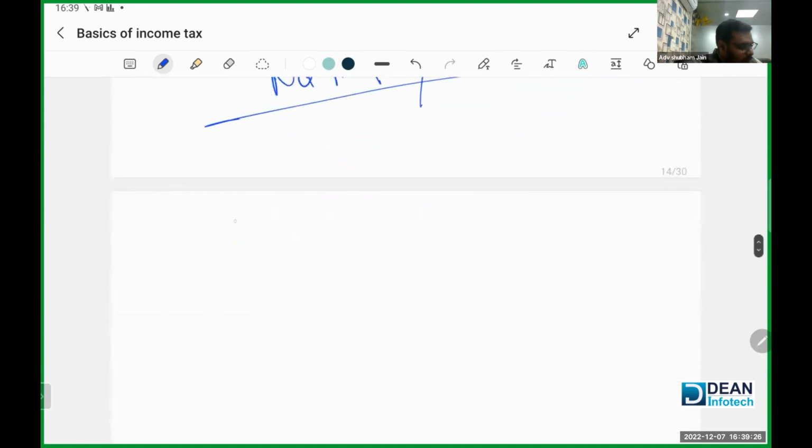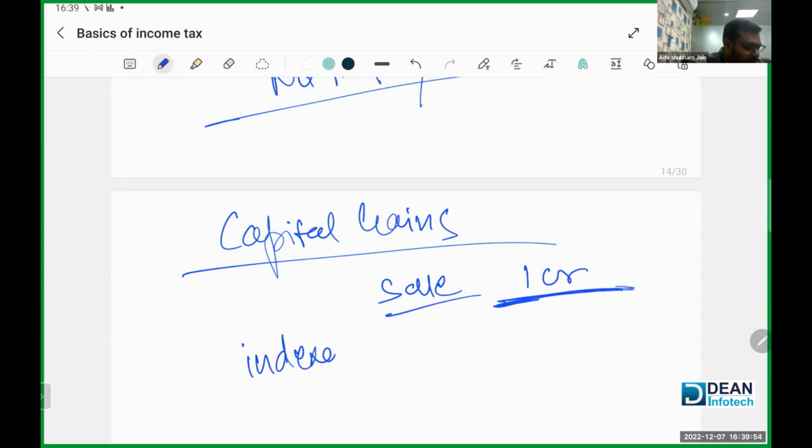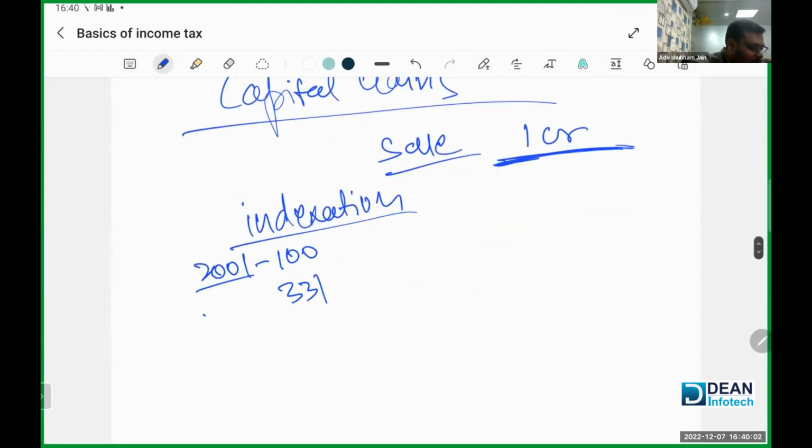The fourth is capital gains. If you have sold a property in a particular year, for example, you file the return for this particular year and you have sold a property for 1 crore rupees. Now, in this particular section, the government says the time when you have purchased the property, like if you purchased the property in 2001, you need to get indexation done. Indexation is something like in 2001, the thing that was for 100 rupees is now for 331 rupees in 2023.